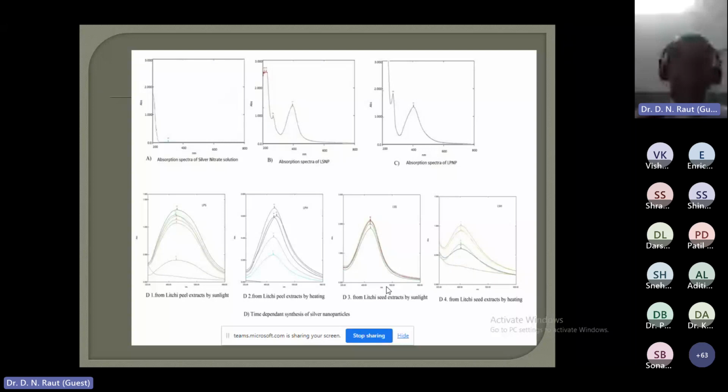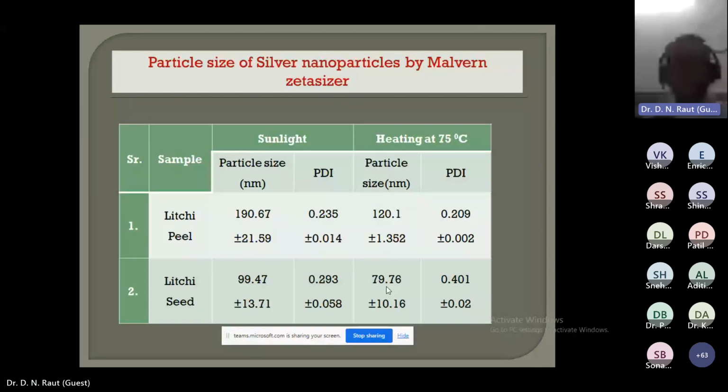But at a certain time, it stops. If you identify that certain time when there is no higher rate of formation of nanoparticles, then you can stop the synthesis. Okay, this was the study of nanoparticle formation and particle size of the silver nanoparticles.